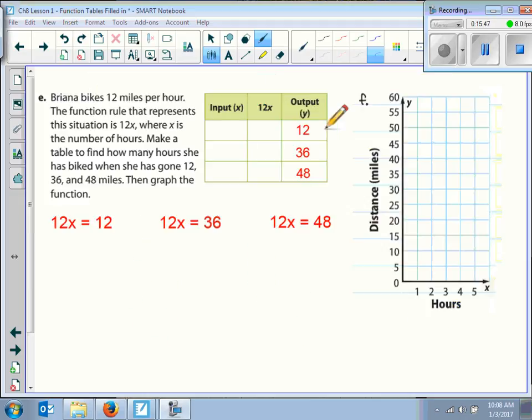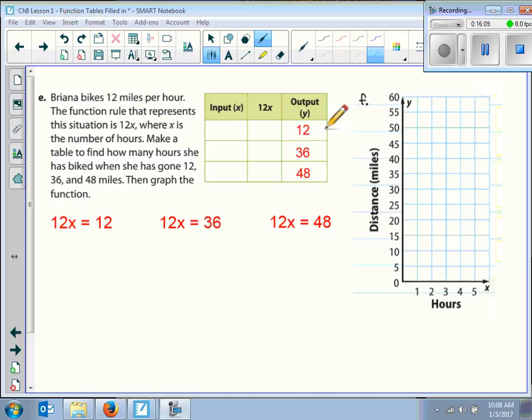All right, it says Brianna bikes 12 miles per hour. The function rule that represents this situation is 12x, where x represents the number of hours, right? X is the number of hours, 12 is the number of miles, okay?